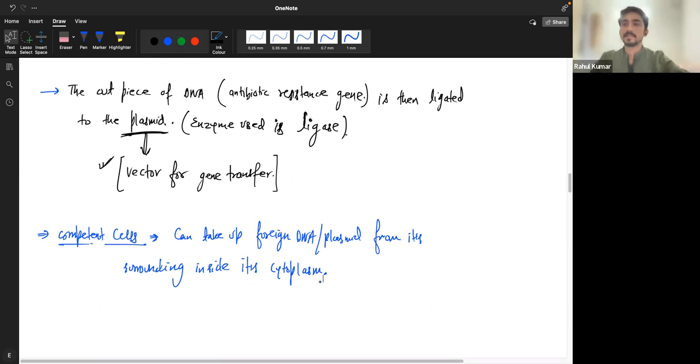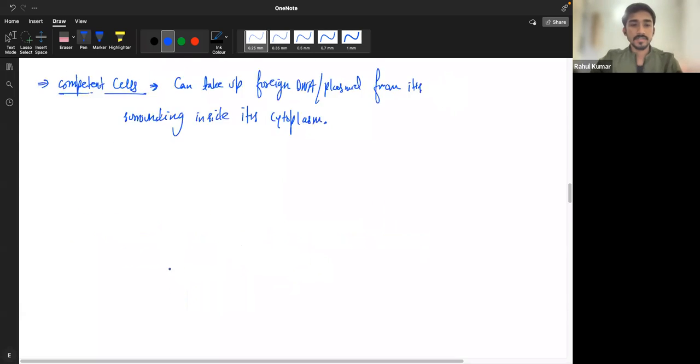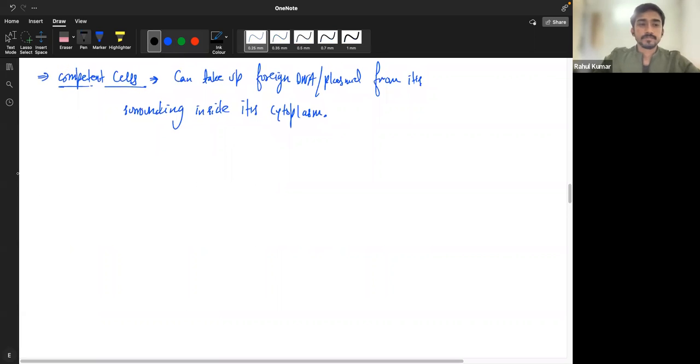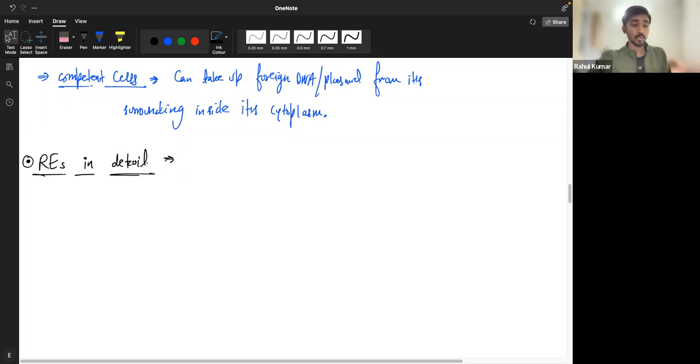Now let's study restriction endonucleases, REs, in detail, because these are the bread and butter for biotechnologists. Any genetic engineer, any engineer, uses tools to cut metal, put it together, mold it.